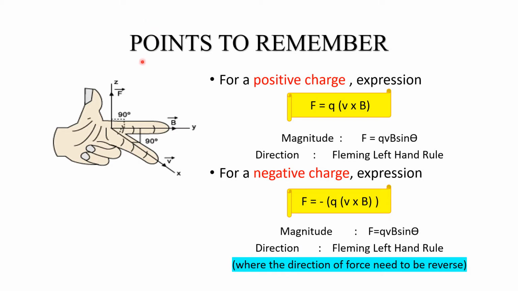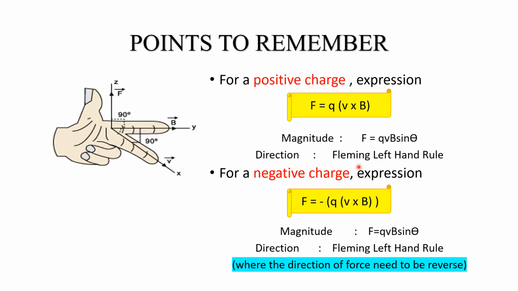These are points to remember. The direction of the magnetic force depends on the sign of the charge, either a positive charge or a negative charge. To determine the direction of the force, use Fleming left-hand rule, where your thumb represents the direction of the force, your first finger represents the direction of the magnetic field, and your second finger represents the direction of V. They are each at right angles to each other.